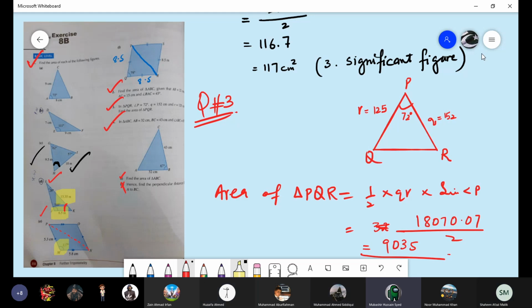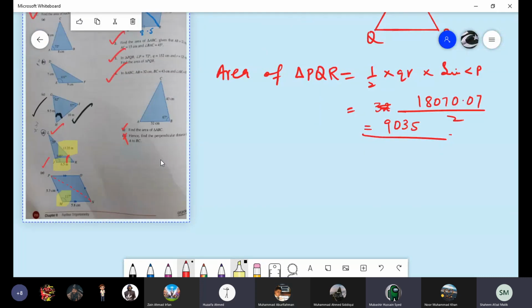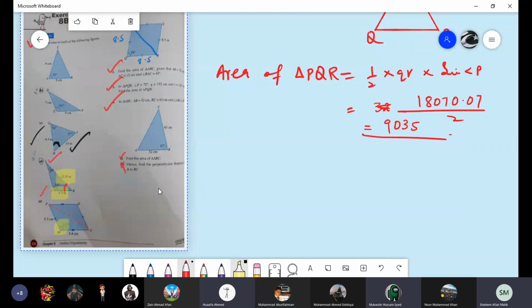Yes, ma'am. We have 4 minutes and we can do question number 4, first part. Then the exercise will be finished. Included angle is given. Sides are mentioned. Can you find out the area, boys?